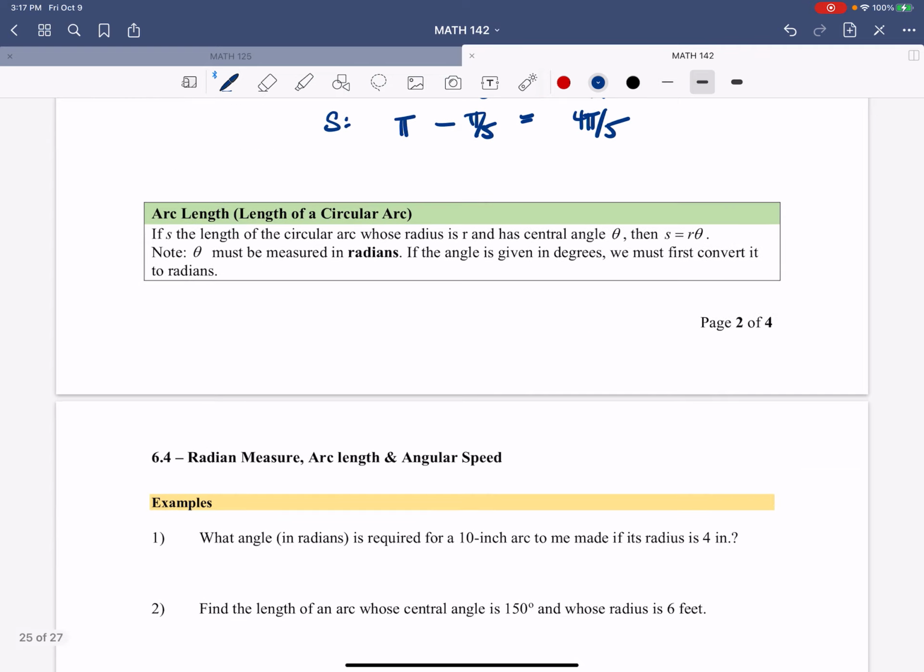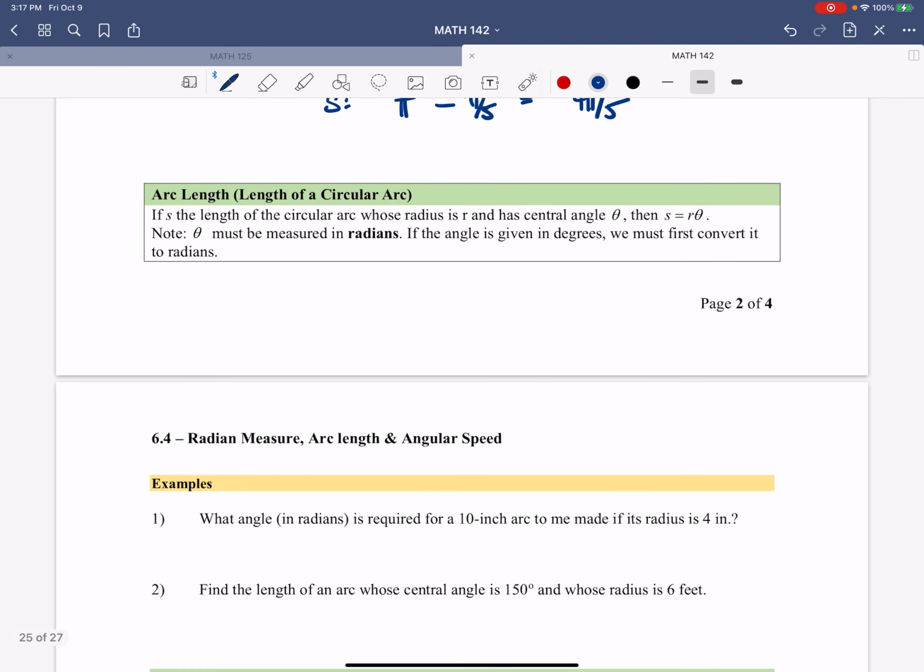Okay, so arc length, just coming back around to it. I know that's where we kind of started this whole thing, but just to cover it formally, the arc length S is equal to R times theta. So just to show that we have a circle, let's say it has a radius of R and a central angle of theta, then this part of the arc right here has length S. I'm going to color that in so you can see it.